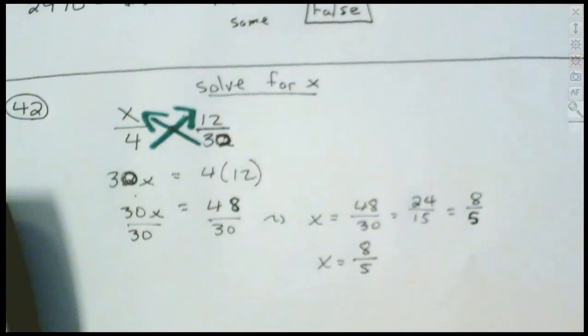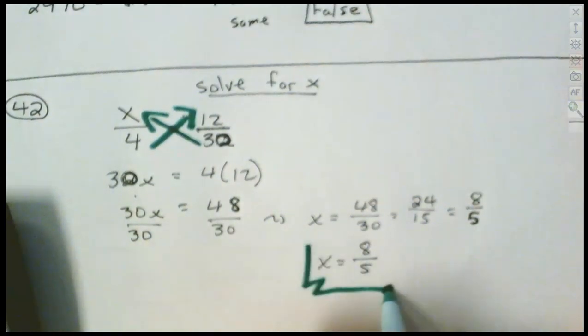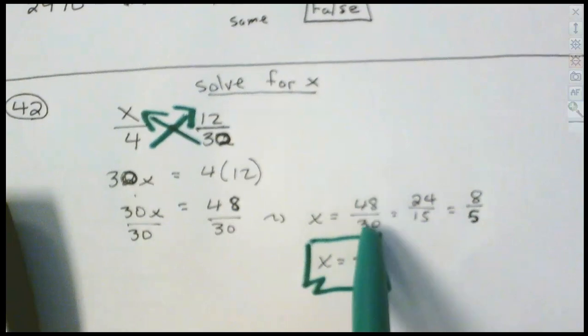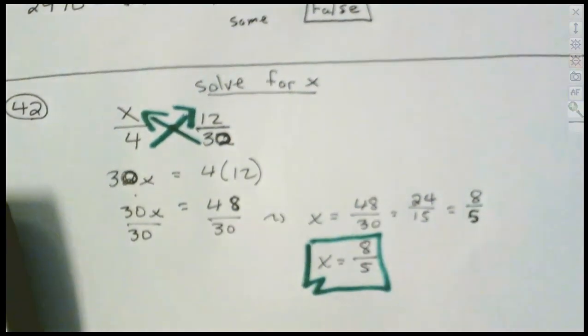You need to make sure that you reduce down your answers. And so how did I reduce it down? I started with this 48 over 30. And I said, okay, these are both even numbers. So I know at least a 2 is going to go in there, right? They're both even. So I divided them both by 2. And I got 24 and 15. Well, I know that 15 has a 3 in it.